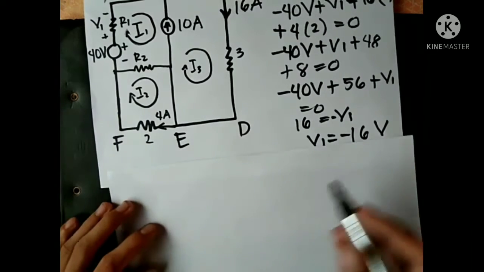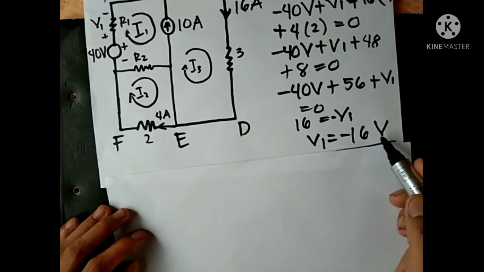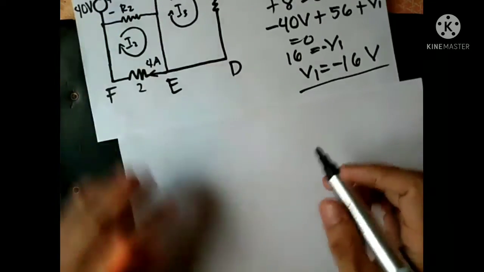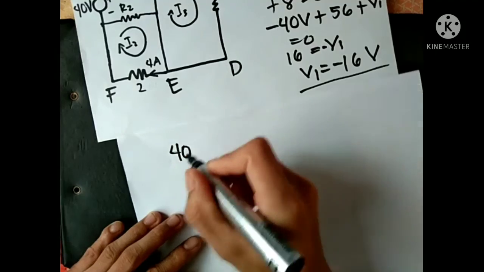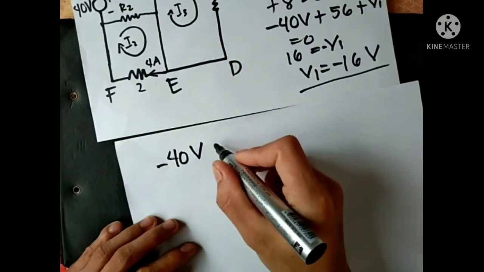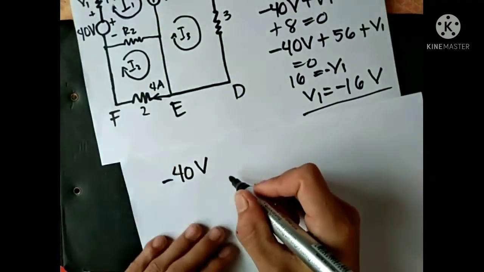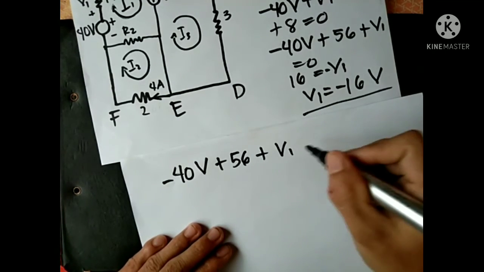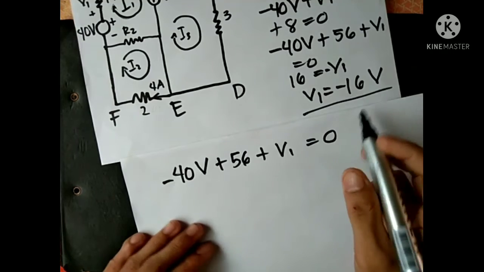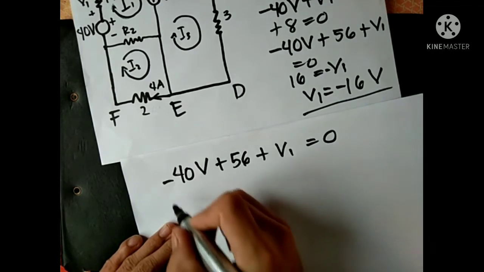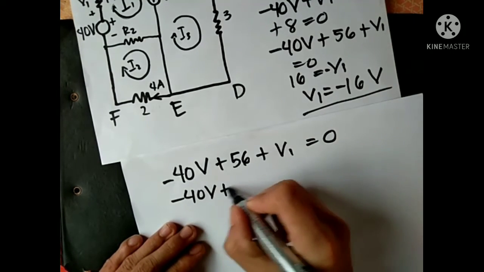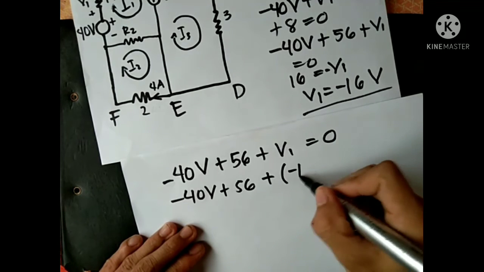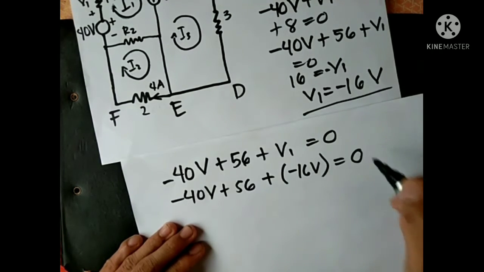When we plug this value of V1 into the equation, negative 40 volts plus 56 plus V1 is equal to 0, and V1 is negative 16, so negative 40 volts plus 56 plus negative 16 volts is equal to 0.